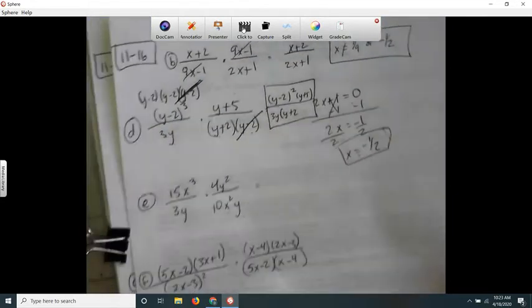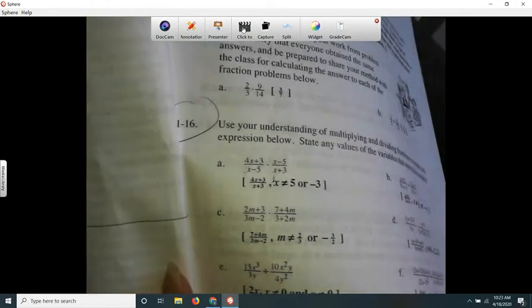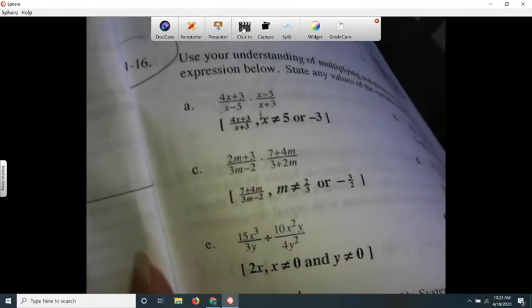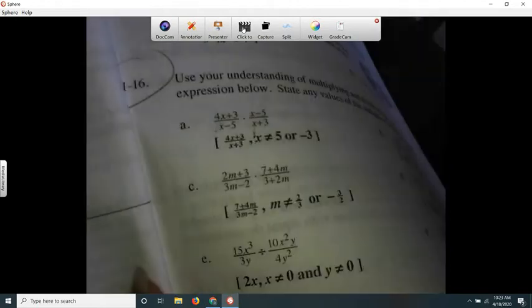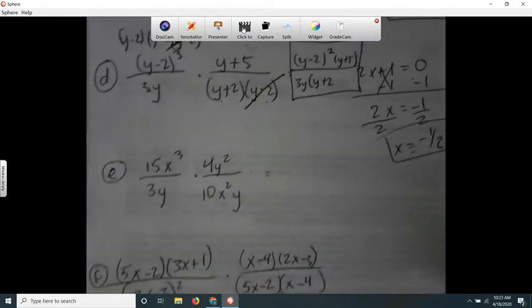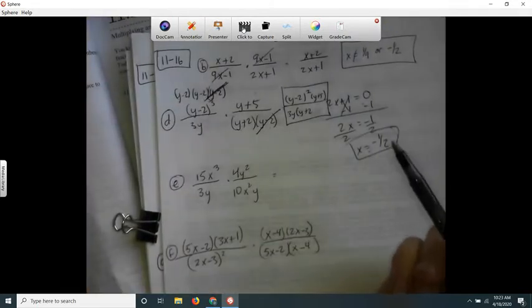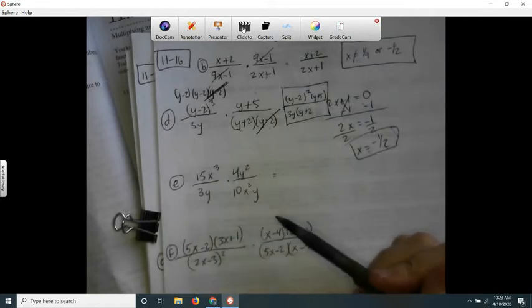Okay, and then I wanted to do letter E. Letter E started out as a division problem, but then I flipped the second part and multiplied. Now I'm just going to show you a little more quickly how to cancel these out.